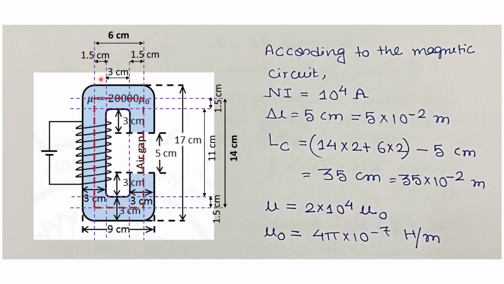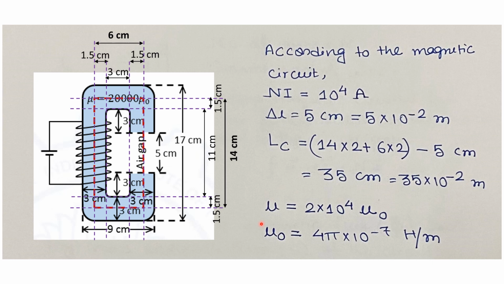If we sum up all of these lengths, we get the length of this smaller side as 6 cm. So our core length will be the length of this closed path minus the air gap. This is basically 14 times 2 plus 6 times 2, and we subtract the air gap, that is 5 cm. So we get the core length as 35 cm.